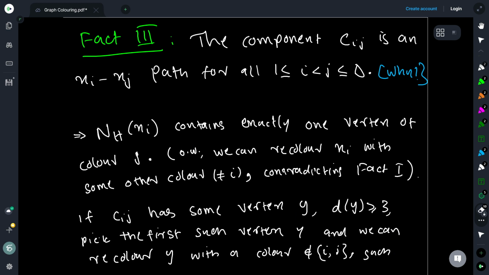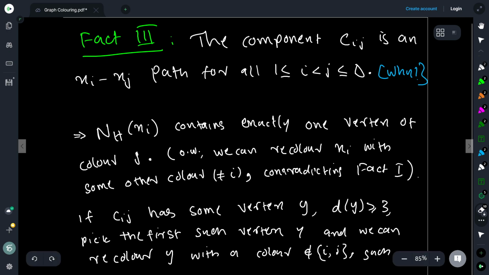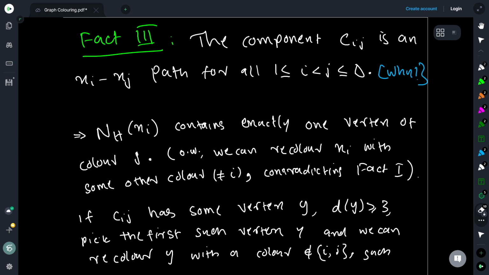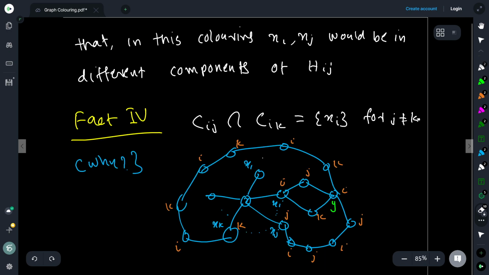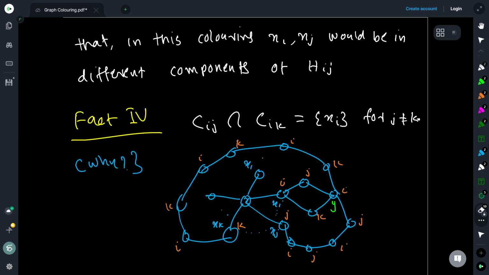Okay, so here are the two observations which are written down formally. And our final observation is that let us take any two of them, Cij and Cik, the path from xi to xj and the path from xi to xk.